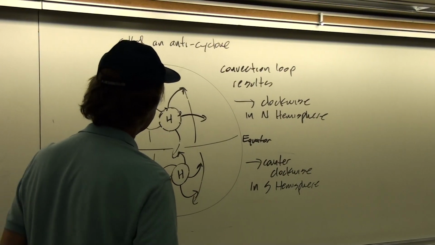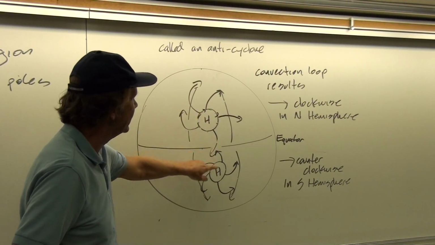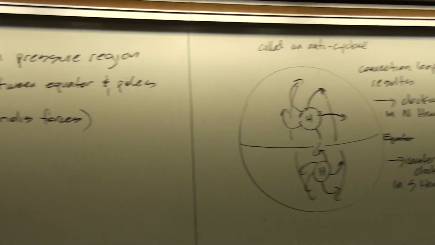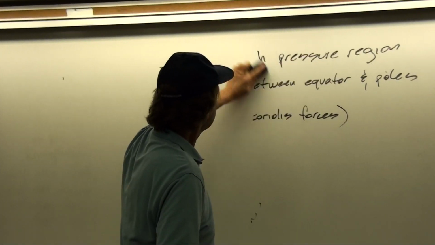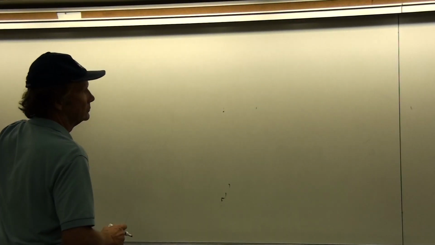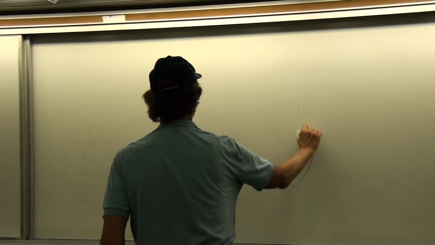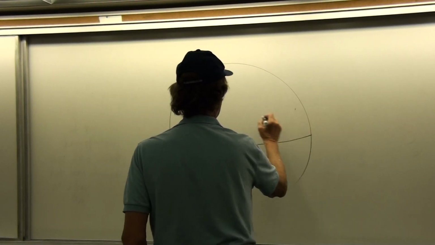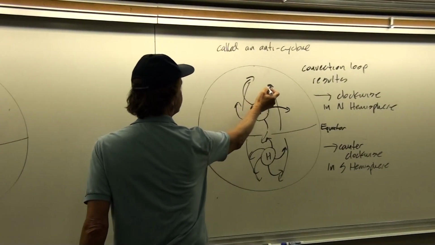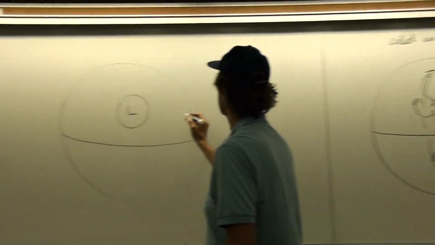So what's a cyclone? Well, a cyclone is just the airflow around, instead of these being high pressure regions, we could look at the airflow around low pressure regions. Here's the equator. Here's our low pressure. And so basically what we'll do is we'll just take the same streamline of air, but we'll change the direction.